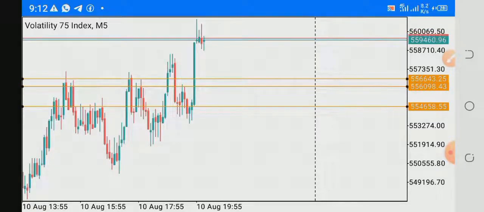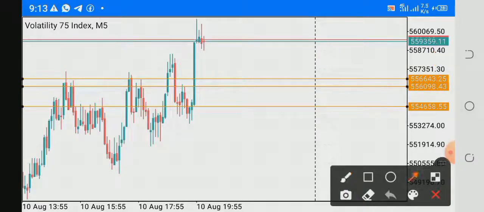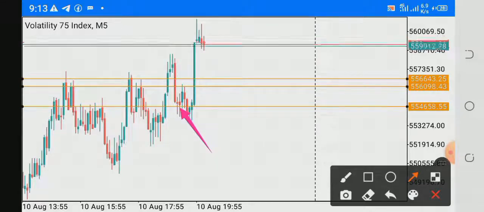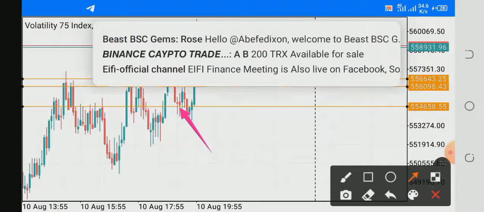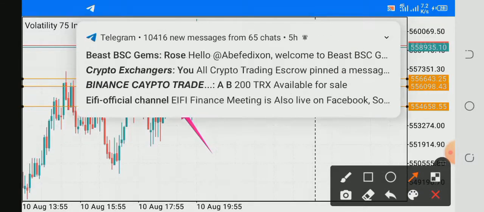I entered the buy because I've already seen with what is happening down here that the support is going to hold, because I'm seeing an area of value, they are consolidating. Once you see many candlesticks coming to that line and bouncing back, it's trying to tell you that this thing is going to hold. So that's why I placed my buy there, and we wrote the profit right there.